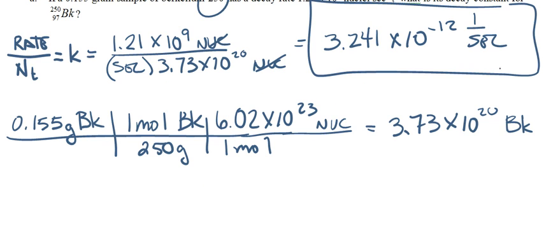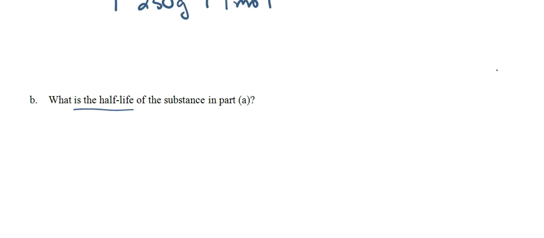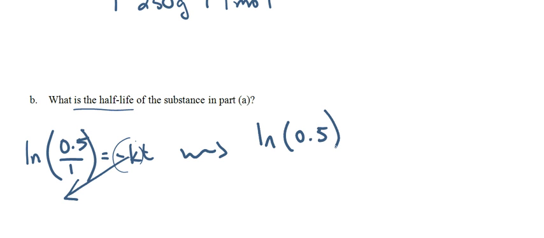Now we get to answer a question with that. So it wants to know what is the half-life for the substance. Again, remember, all nuclear reactions are first-order reactions. So a natural log of 0.5 over the amount that we started with is equal to negative KT. Well, we're looking for the half-life for this, so I'm going to move negative K on down. So I have natural log of 0.5, and I'm going to bring that negative K value over.